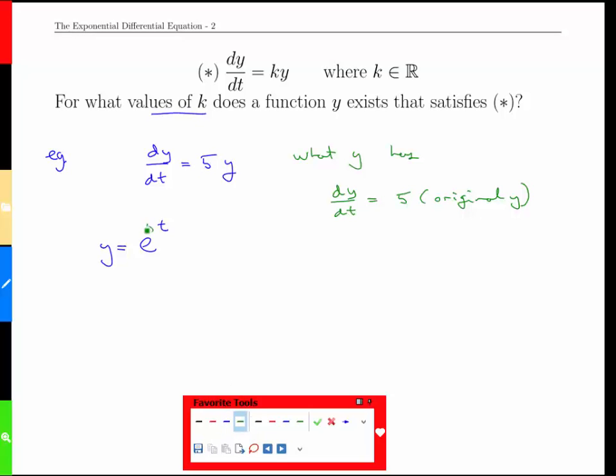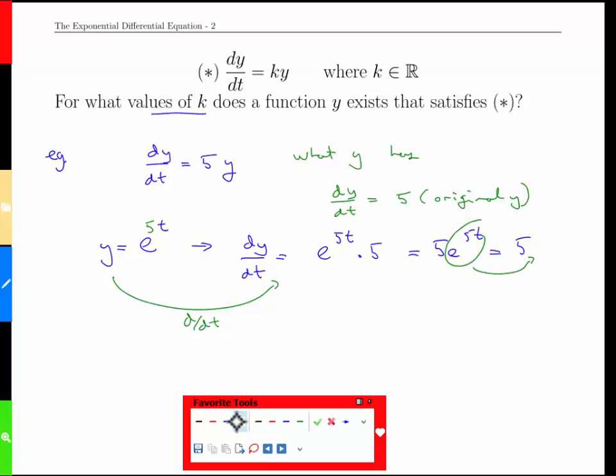But if we slide a 5 into the exponent, then dy dt would equal, well, we take the derivative with respect to time. The derivative of an exponential is the same exponential, but then the chain rule says we differentiate the exponent, and lo and behold, we have 5e to the 5t, and that's 5 times what we called y in the first place. So in this case, if we put a 5 as our multiplier, we would still get a solution, perfectly reasonable, but a little different than our simpler one.